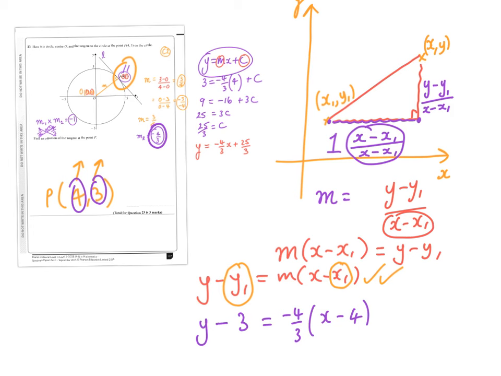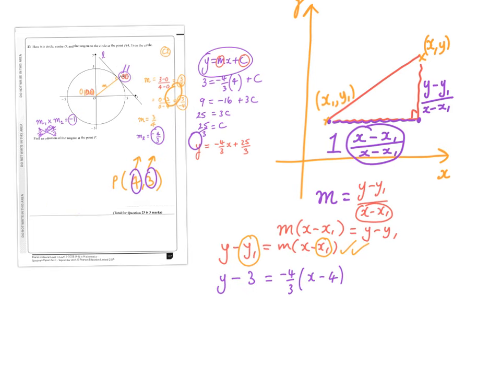So you need to leave y and x in the formula. Well, it's up to you how you want to finish this part of the question off. I think what we can do here is we can times everything by 3 to get rid of this denominator here. So we can have 3y minus 9 equals minus 4x plus 16 by just multiplying this part out.